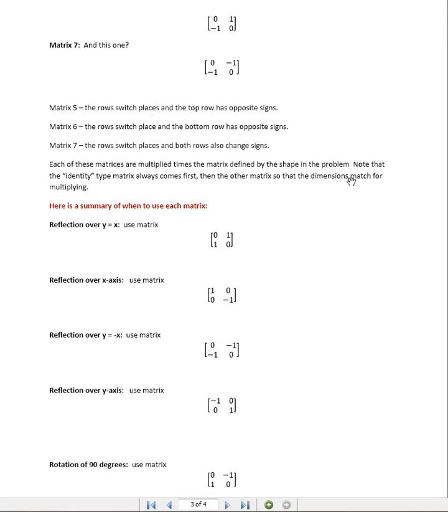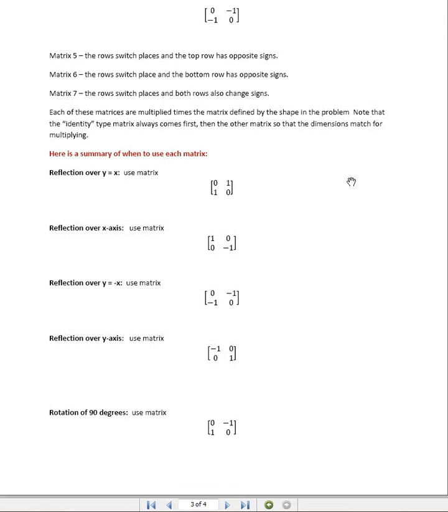So when doing reflections and transformations such as rotations, we are going to apply different matrices depending on what we're reflecting over or how much we're rotating a particular shape.